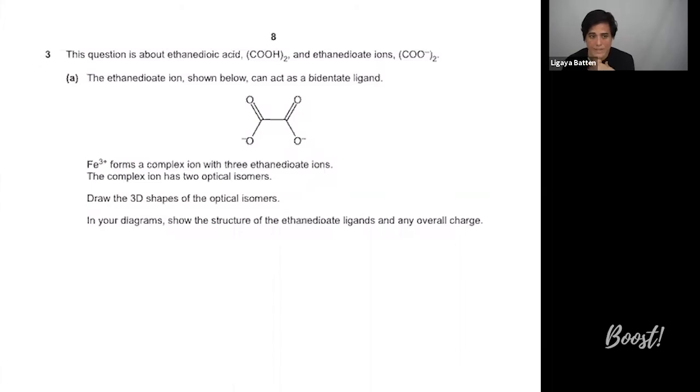So question 3, overall, the question is about ethane dioic acid, (COOH)2, and ethane dioate ion, (COO-)2. The ethane dioate ion shown below can act as a bidentate ligand, and it's given us the shape of the ligand.